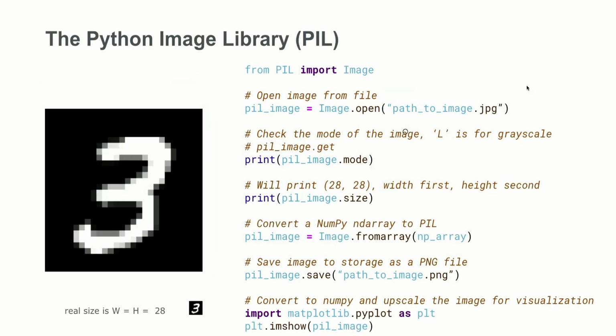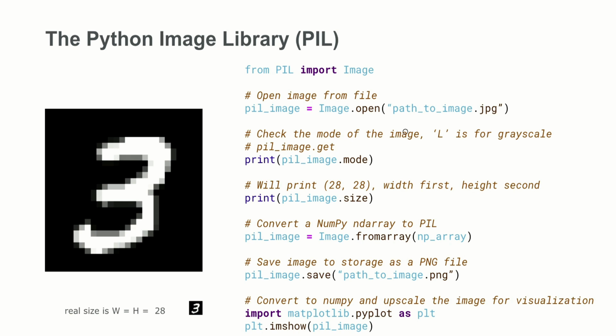This slide demonstrates a few basic operations using the Python image library, which is a common tool for opening, inspecting, converting, and saving images in Python. When working with Python and PyTorch, we will commonly use it to open files stored in JPEG or PNG format.